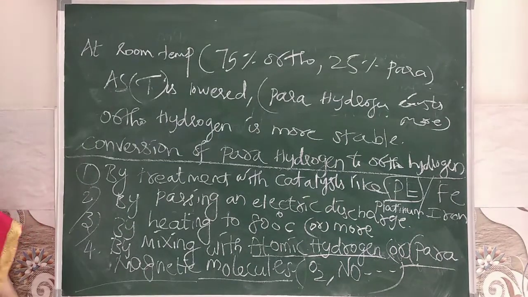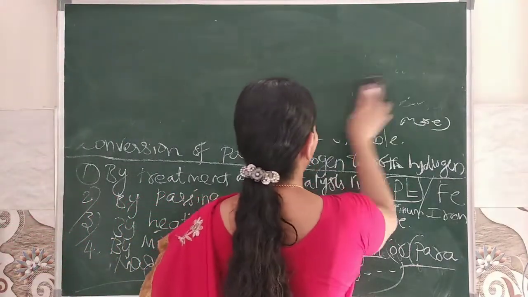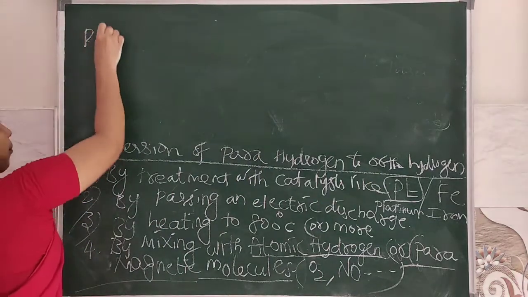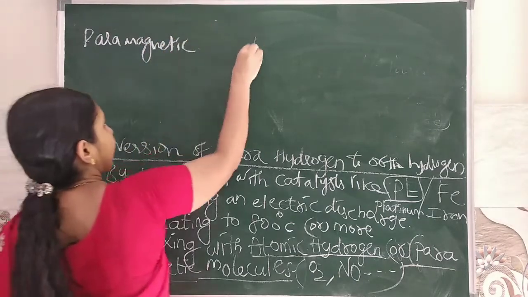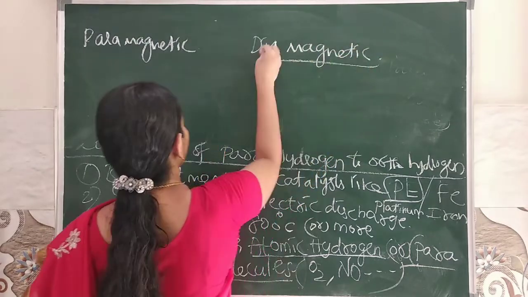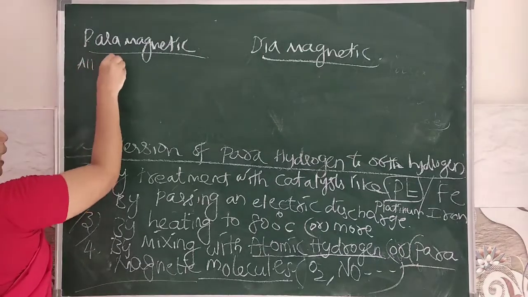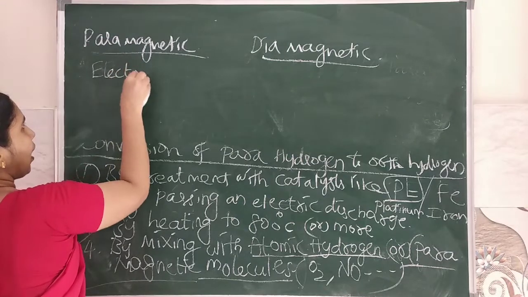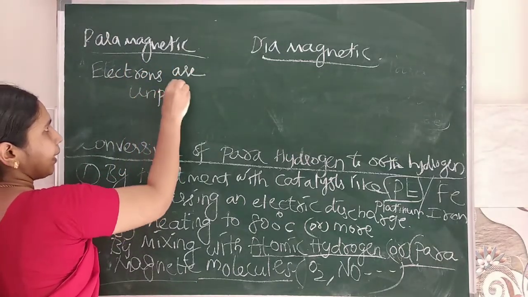So any idea about what is meant by paramagnetic molecules? Any idea? No idea. Okay. So simply, what do paramagnetic molecules mean? Paramagnetic and diamagnetic. If electrons are unpaired, it means paramagnetic.